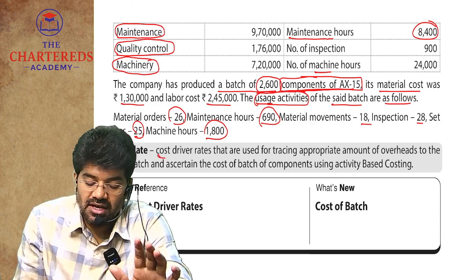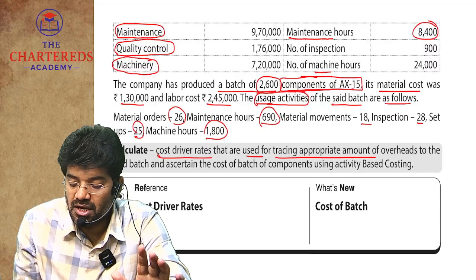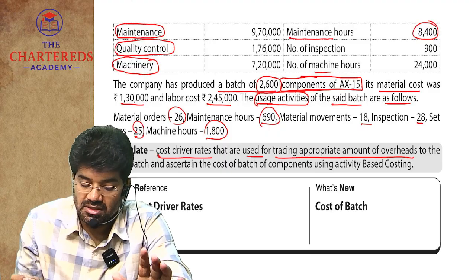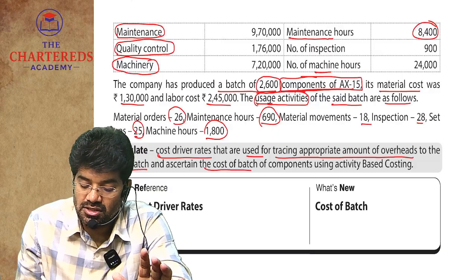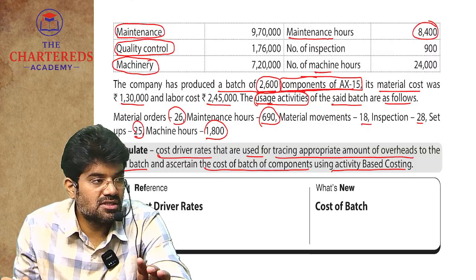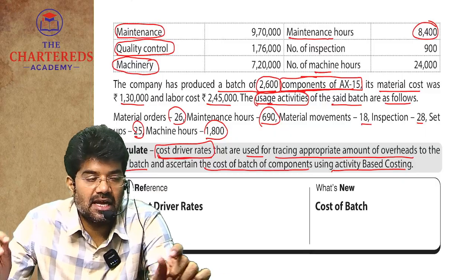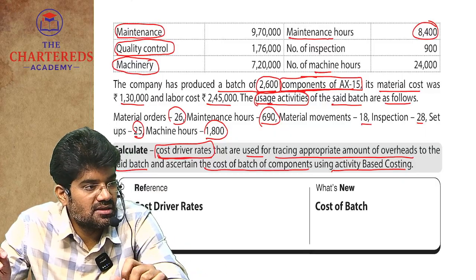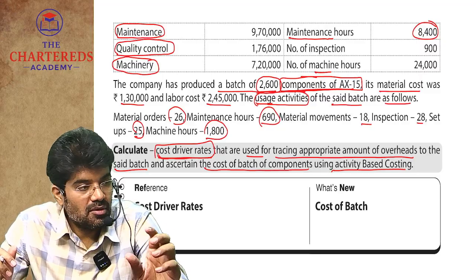Calculate cost driver rate that are used for tracing the appropriate amount of overheads to the said batch. Ascertain the cost of a batch of components using activity-based costing. So first thing, we have to calculate cost driver rates, activity cost driver rate. Then we should calculate the batch cost.